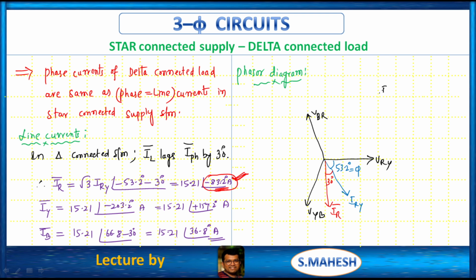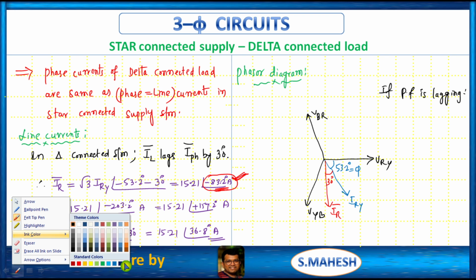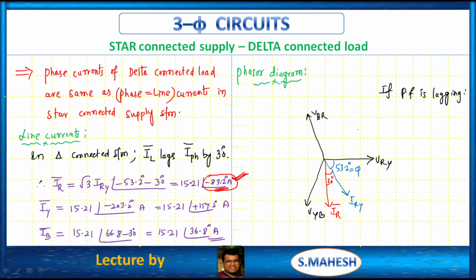Now it's clear. From this we can conclude that if the power factor is lagging, the angle between line voltage and line current, V line and I line, is always 30 plus phi. If it is lagging, 30 plus phi; leading, 30 minus phi.